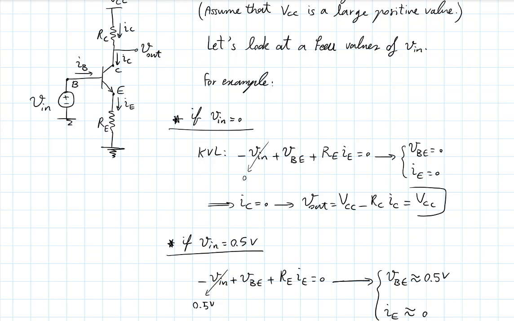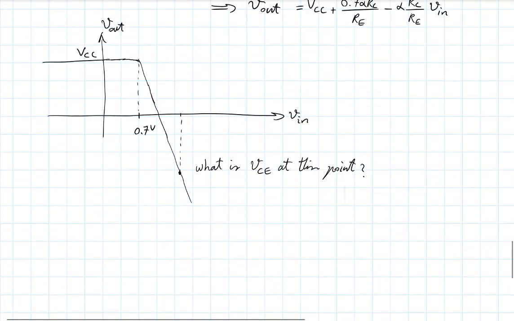What is VCE? VCE is the voltage difference between collector and emitter. That's Vout minus the emitter voltage, right? Now, the emitter voltage is Vin minus about 0.7 volts. What is VC?